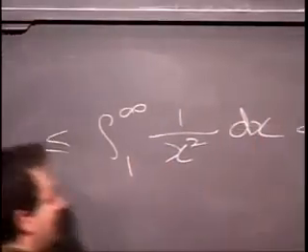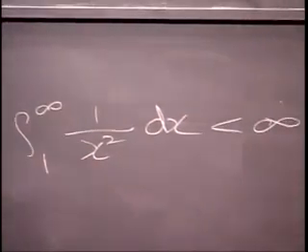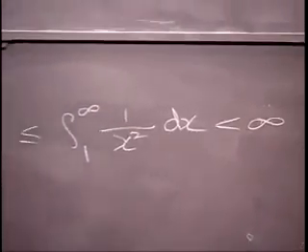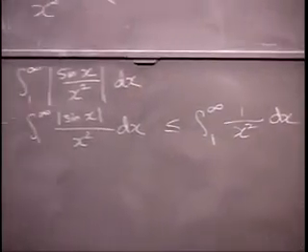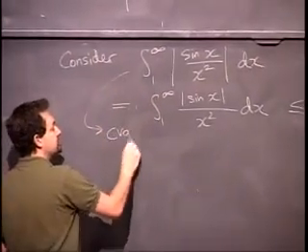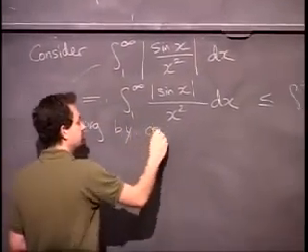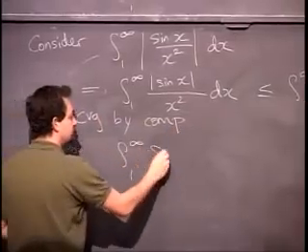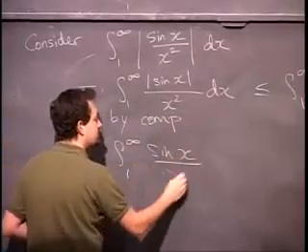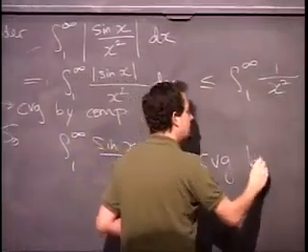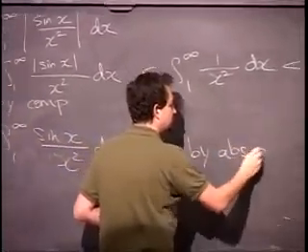I'm not even going to go over it again. So this here converges by the comparison test. So the original integral, in its full positive and negative glory, converges by the absolute convergence test.